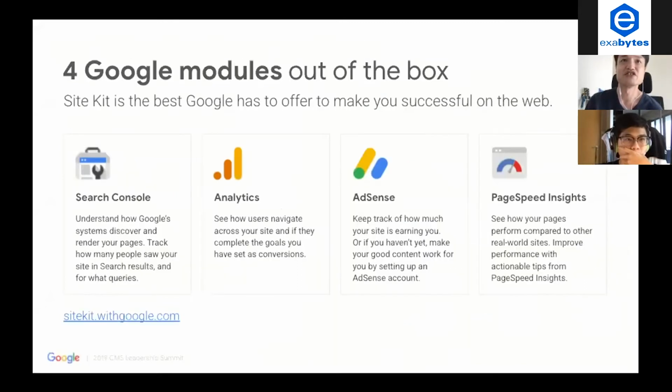So basically, what you can do with Site Kit is get quick and easy access to these Google tools, and you can get a quick summary of key data from these main tools in one single page. In other words, you don't need to open four different tabs or windows to check this data. Everything is pretty much in one single page, so it's very easy and quick.